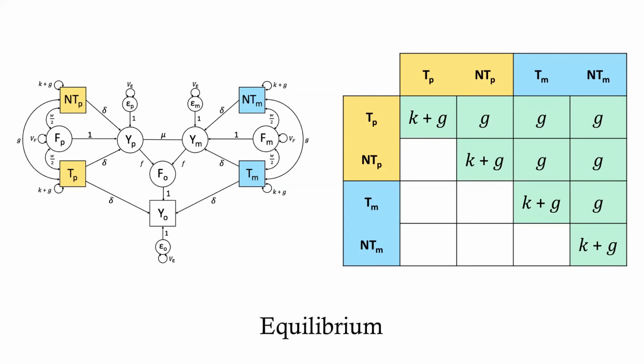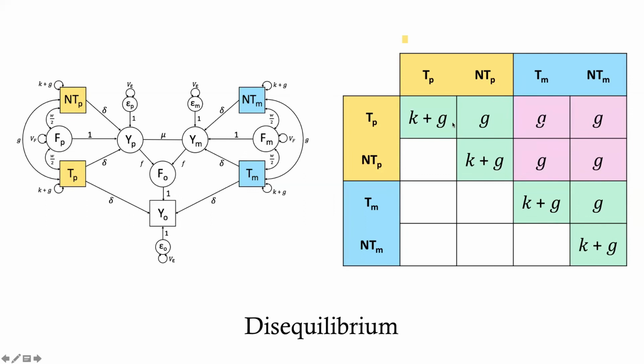Equilibrium typically implies that the trait has been assorted on for a long time, usually about 8 to 10 generations generally. However, if a trait has not been assorted on for that long and people are assorting more or less strongly on it than they used to, this is known as disequilibrium. And it will cause these pink between spouse Gs to no longer be equal to these green within spouse Gs.